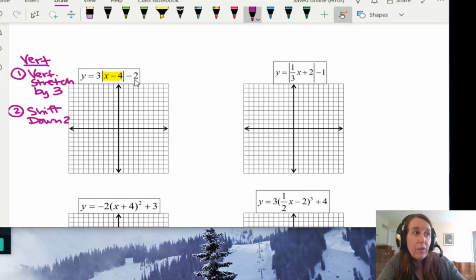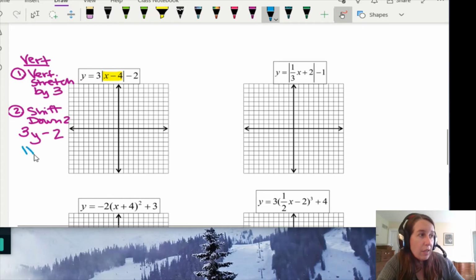I did do very similar ones on the first video if you're not sure where I got my choices there. These are both happening to the y value. So I want to write the y value and write what's happening. So in other words, 3 times the y value for the vertical stretch and then minus 2. For every y value on the original equation, I'm going to do 3y minus 2.